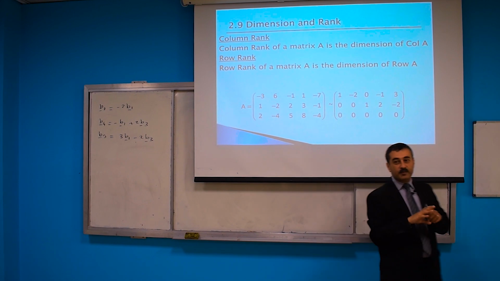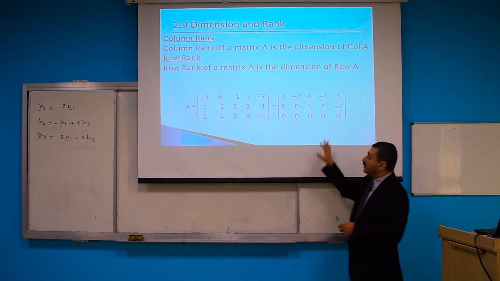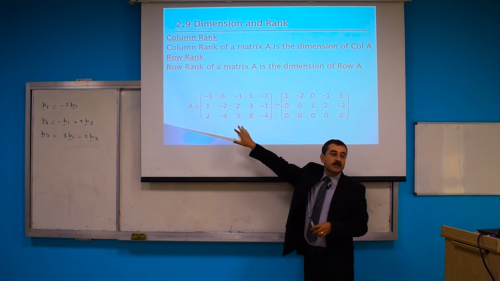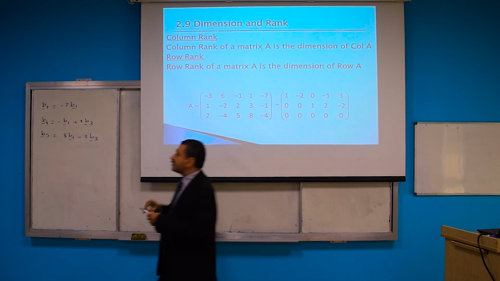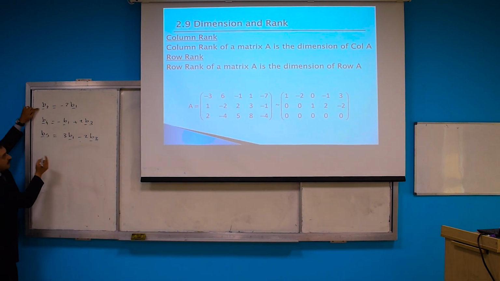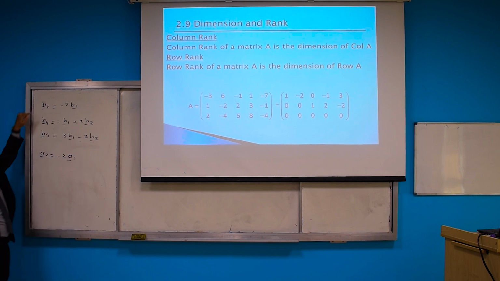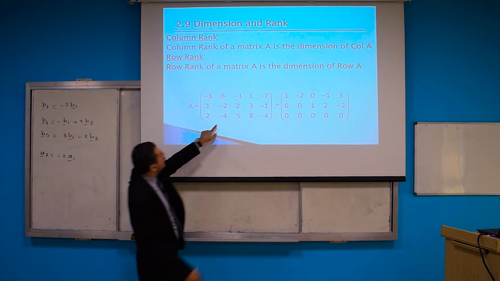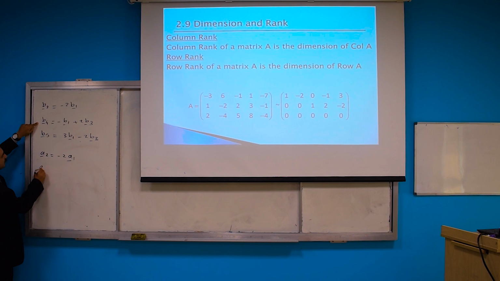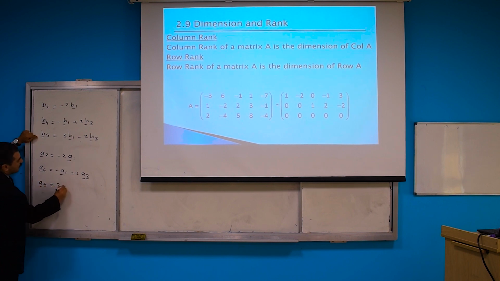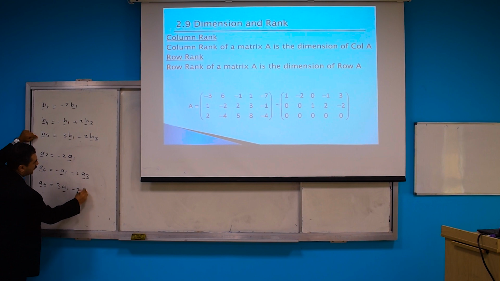We have a very interesting property in the reduction: this relation also exists in the original matrix. If you look at the columns of the matrix A, you will find the same relation. Let me write it here and check it. A2 would be negative 2 A1, A4 would be minus A1 plus 2 A3, and A5 would be 3 A1 minus 2 A3.